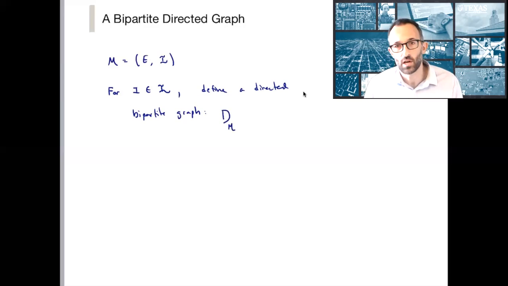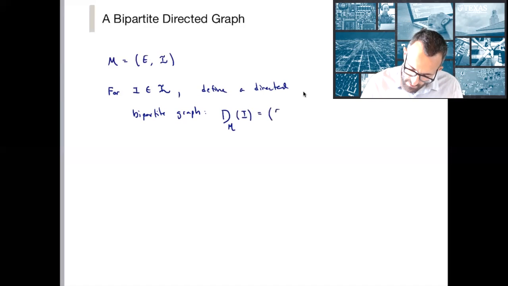At this point, we're only talking about a single matroid, but we're going to use this machinery and develop something similar when we're talking about the intersection of matroids. So I'll just keep this subscript here, and if I drop it, it's going to be because we're just talking about a single matroid. But for now, it's useful to remember that it depends on the matroid. And it also depends on this independent set.